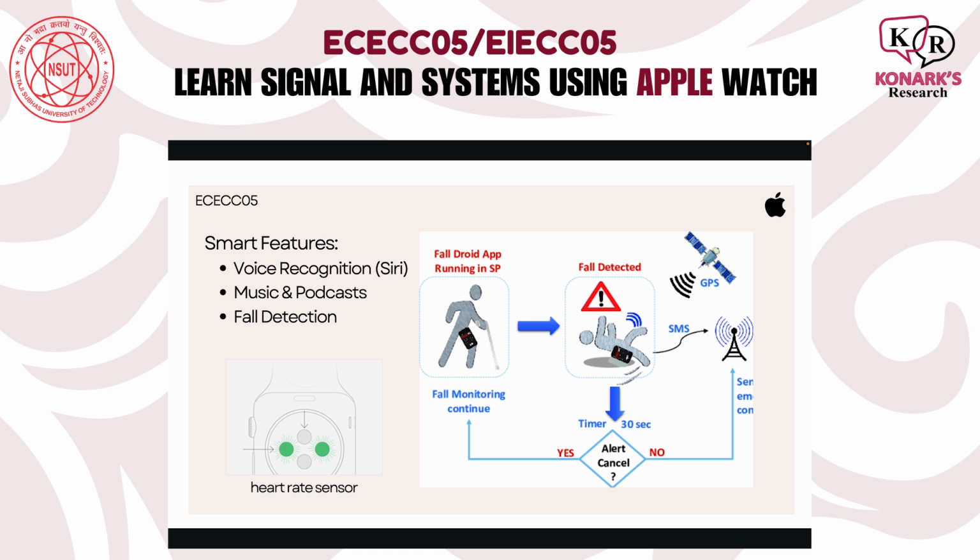So, if a person falls and does not respond in 30 seconds, you get an alert, and that alert is received by the respective agencies or your respective relatives, who can then tell you what is going on, and maybe contact a doctor for you.